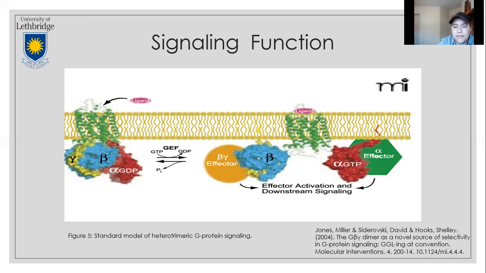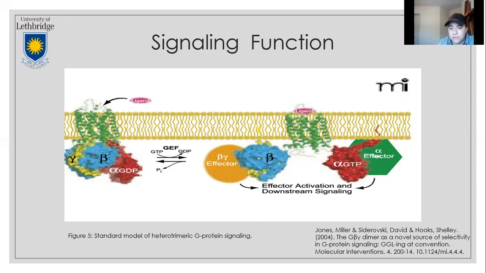Now, in some cases, the activated alpha subunit dissociates from the activated beta gamma complex. However, in other cases, they stay together, and in both situations, the activated components can now regulate the target proteins in the plasma membrane.